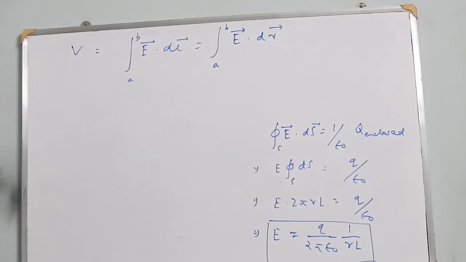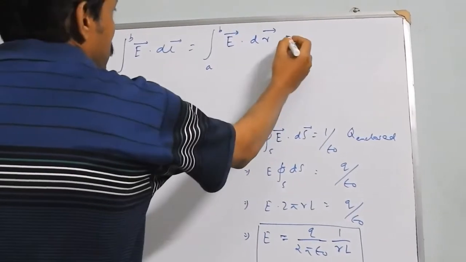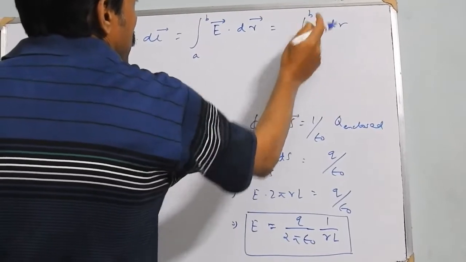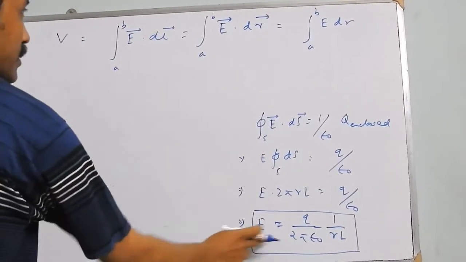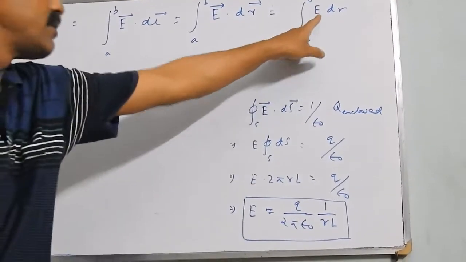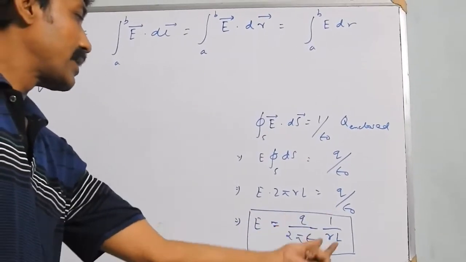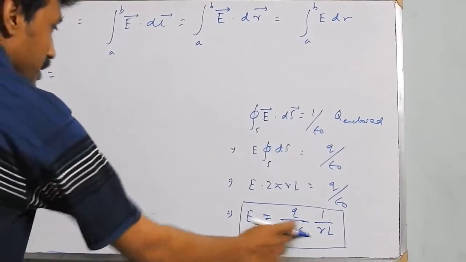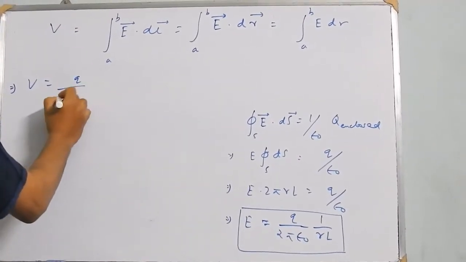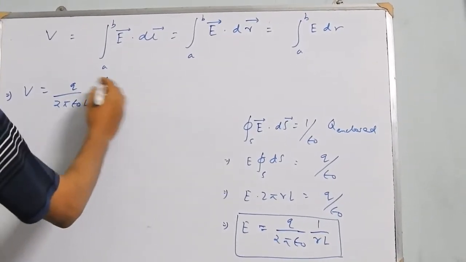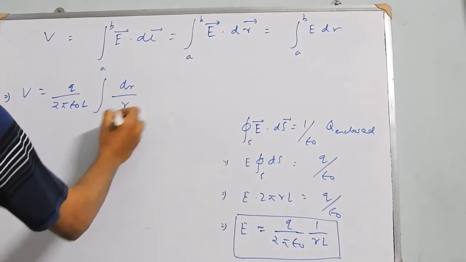Also E vector is along dr vector, so we can just write it as E dr, integrated from a to b. Taking the value of E from here, V equals q by 2 pi epsilon 0 1 by rL, but apart from r everything else is a constant. So q by 2 pi epsilon 0 L will go out of the integration and dr by r will remain in the integration.